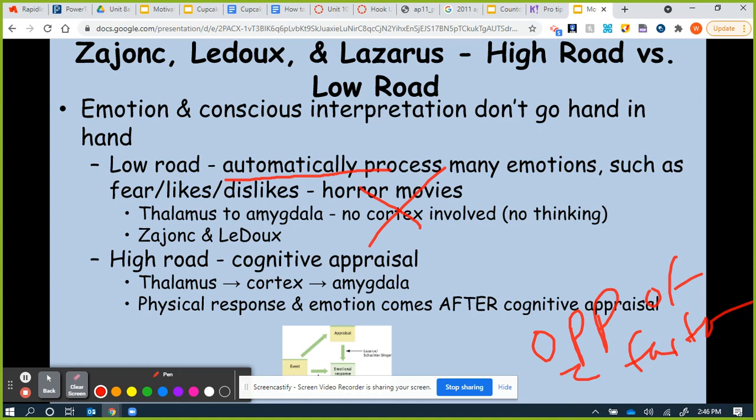For instance, if you're about to go out and make a big speech, and you look out there and realize that there are way more people than you expected, you might think to yourself, oh crap, that's a lot more people than I expected. And then from that cognitive appraisal comes the physiological change and the emotion.